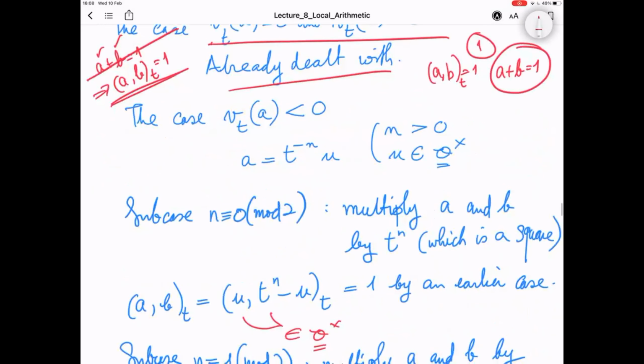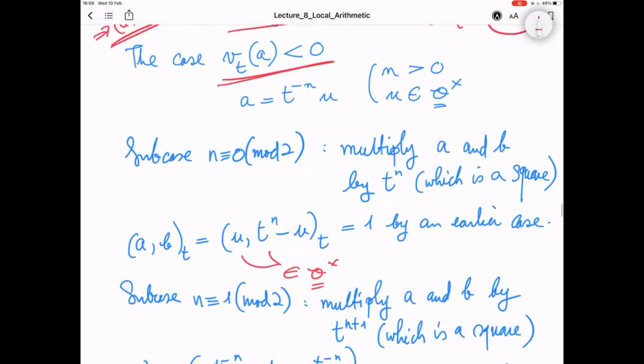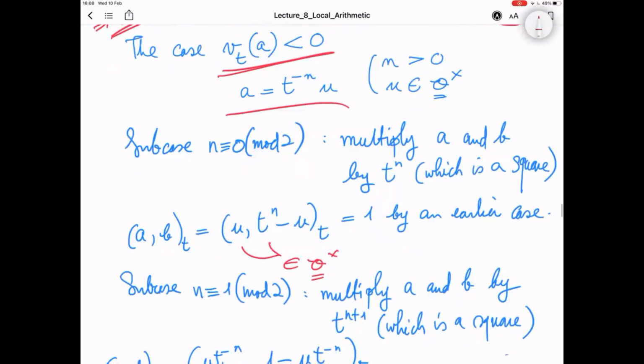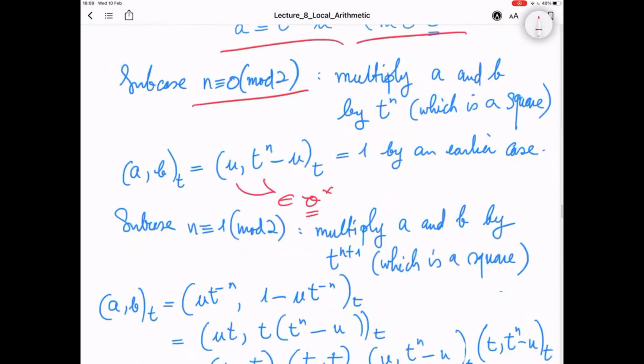Okay, so let's look at the case where the valuation of A is strictly negative. Then you can write A as T to the minus n times U, where n is strictly positive and U is some unit. Then there are some subcases: either this n is even or it's odd.